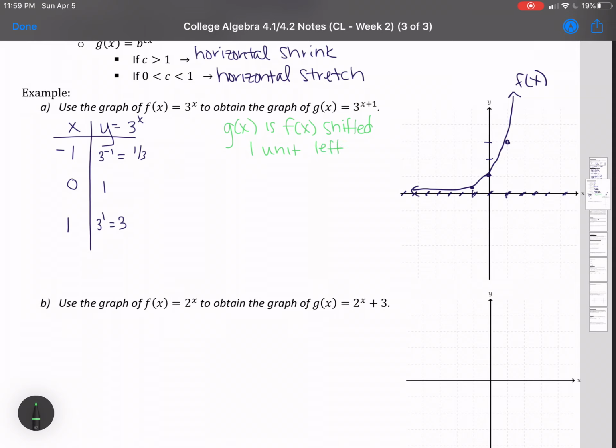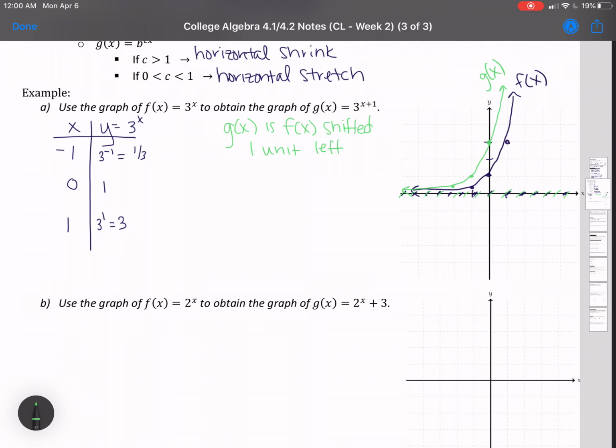So what's nice is that horizontal asymptote isn't going to move, but each of our points will. So now our y-intercept is 3. And there you go. That's your graph of an exponential function.